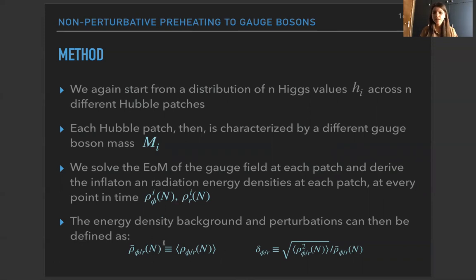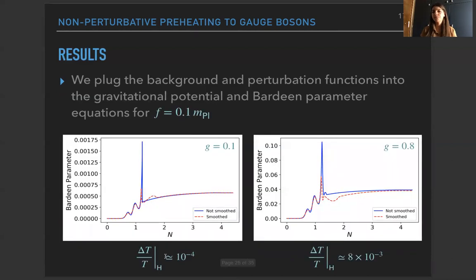Then we could again define some characteristic values for the adiabatic density perturbation, and the background, of course, is just the average of the distribution. And if you plug those equations into the differential equation for the gravitational potential and the equation for the Bardeen parameter evolution, you can in fact plot the Bardeen parameter with time, like you could before.